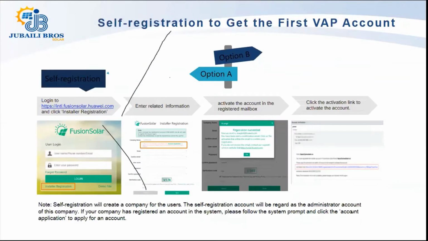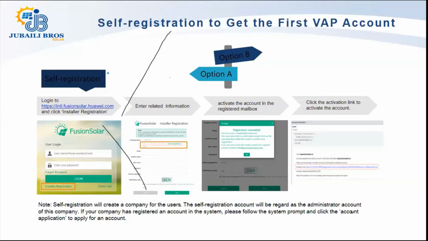Self-registration to get the first VIP account. Now, this is something which you can do for yourself as well. You can go to intl.fusionsolar.huawei.com. On that webpage, you can find the installer registration tab. You can click on that, and then you fill in the company information and submit it.